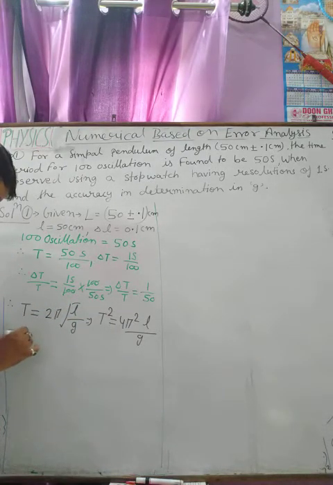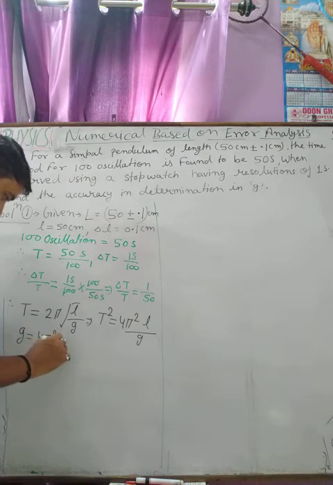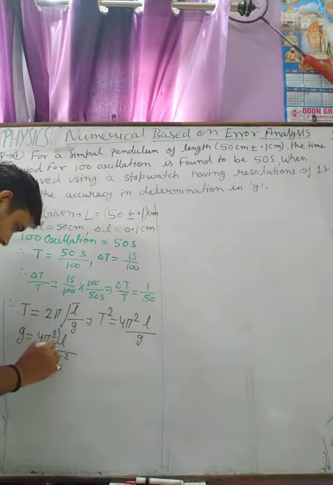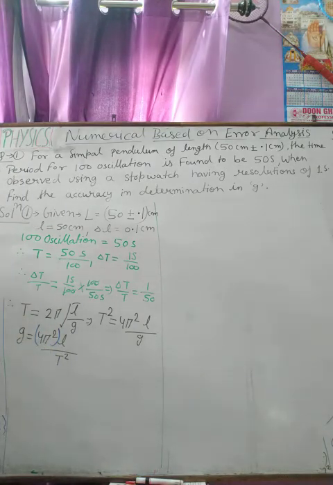Therefore, student, we have g is equal to 4 pi square L upon t square. It is clear? Now, student, this is constant term. So, on solving the constant value or numerical value, there is no error. Error we have only in the physical quantity, that is length and time measurement. So, we are solving only for this.